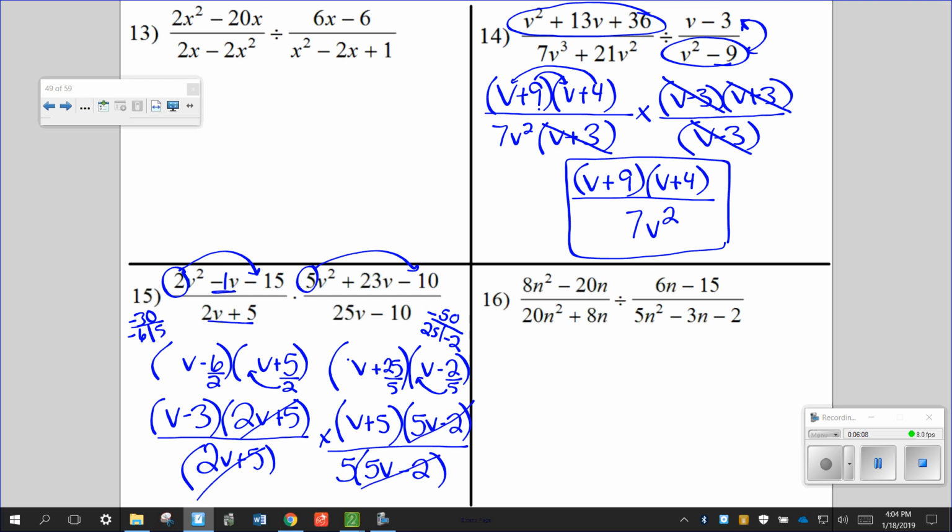And that's handy. 5v minus 2, 5v minus 2. I'm out of space, so I'm going to write the answer up above this. But you can see the pieces that are left. We have v minus 3 times v plus 5 over 5. That's all that's left.